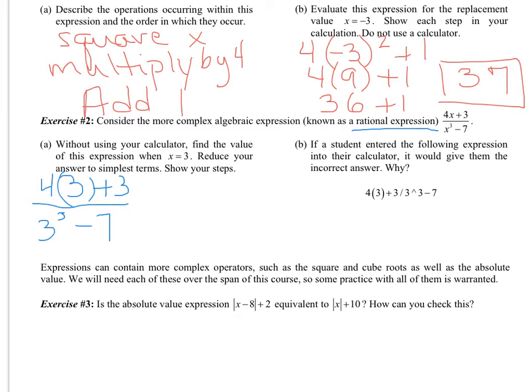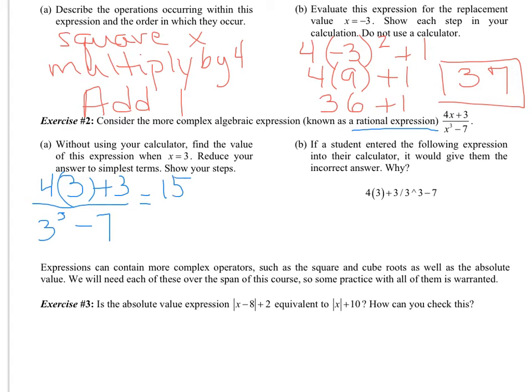Now, to evaluate these rational expressions, I tend to evaluate the numerator, the top part of the fraction, first, write down that answer, and then evaluate the denominator, the bottom part of the fraction. So by following my order of operations for just the numerator, 4 times 3 is 12, and 12 plus 3 is 15.